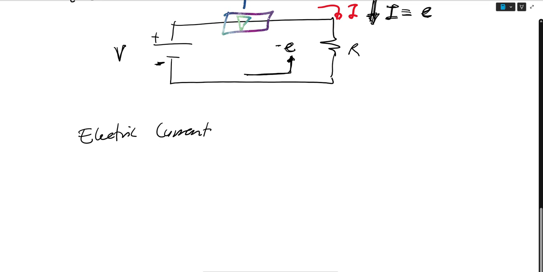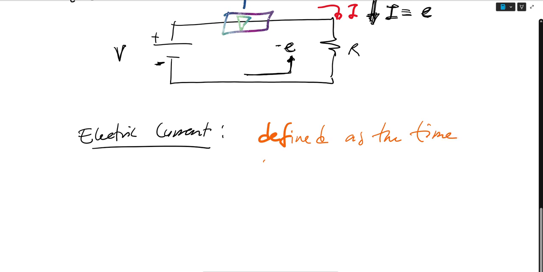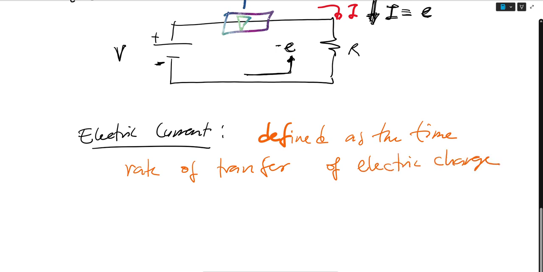Electric current, let me change colors, is defined as the time rate of transfer of electric charge across a specific cross section.